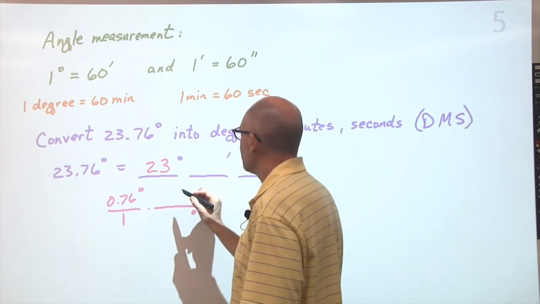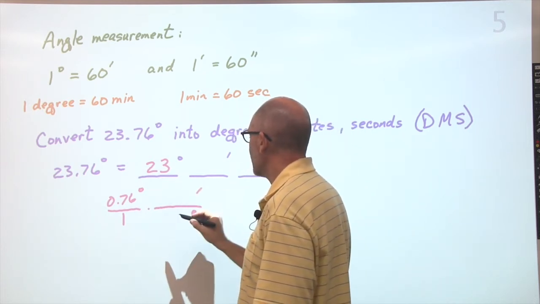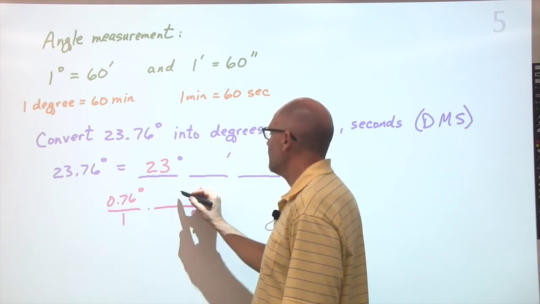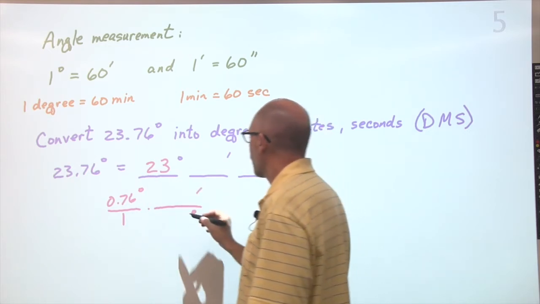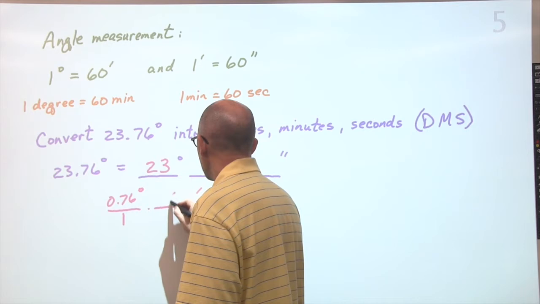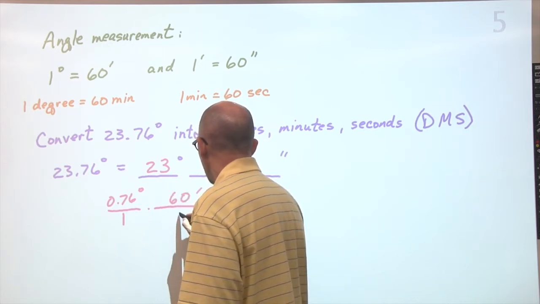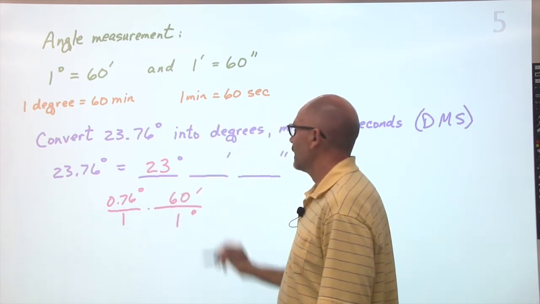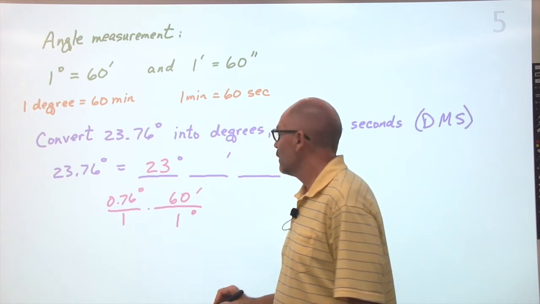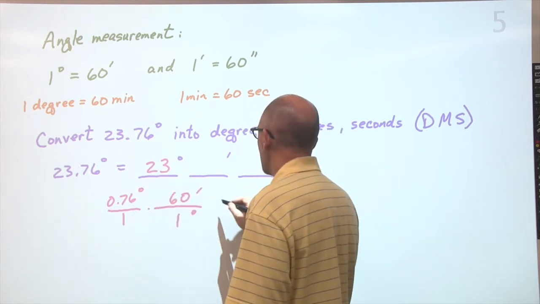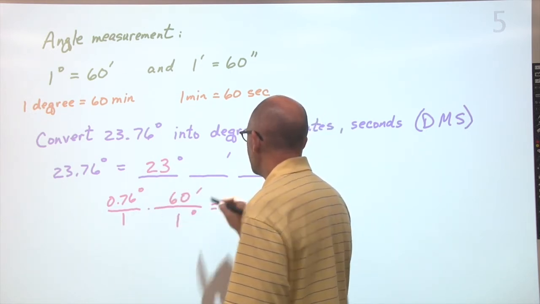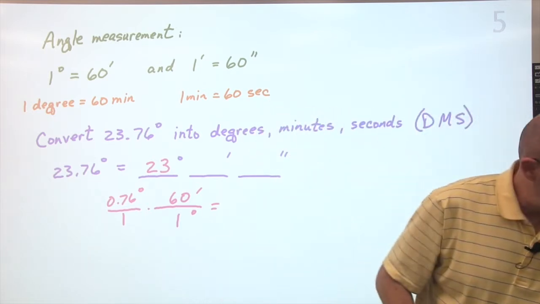Well, is there 1 degree in 60 minutes, or 1 minute in 60 degrees? Or is it 60 minutes in 1 degree? And that's right, 60 minutes in 1 degree. So now when I multiply across, I have 0.76 times 60.